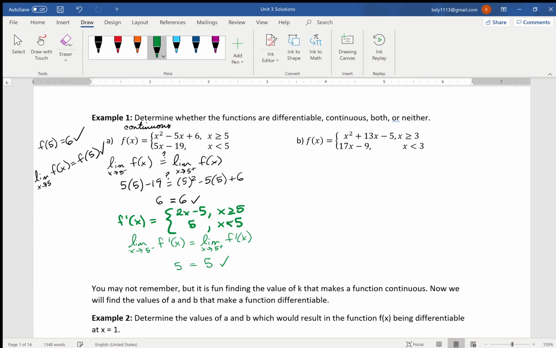But let's keep going. So is f prime of 5 equal to 5? Yes, and we know that because that is this top function here, so that is 5. They do have the same values. So again, that is true, just like the continuity was true. So this is continuous and differentiable, and I'm going to abbreviate that with DIFFBLE. Okay, so this function is continuous and differentiable.